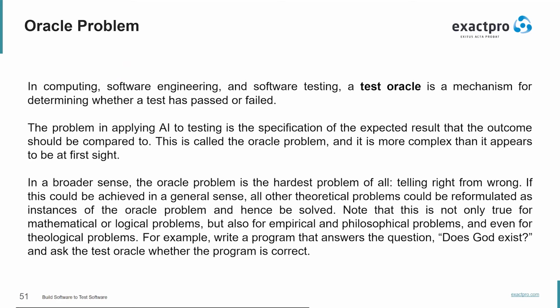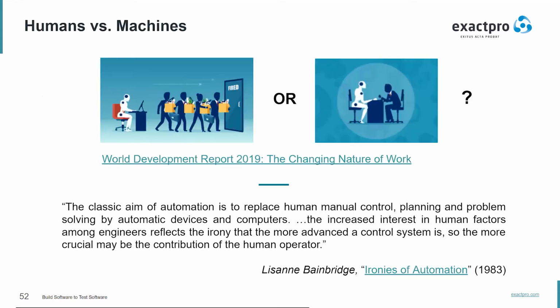So the discussion about the place of a human in this equation is a very hot one, and actually the question of who must be in charge is known as the automation paradox, which was articulated quite some time ago in a paper called Ironies of Automation, published back in 1983.